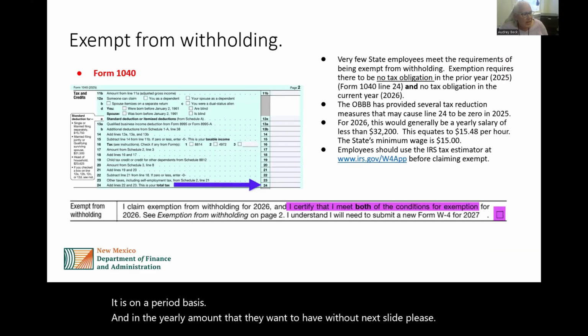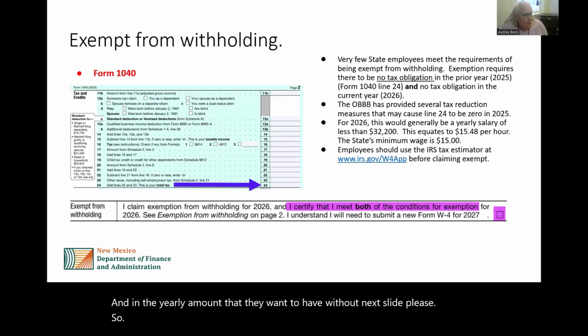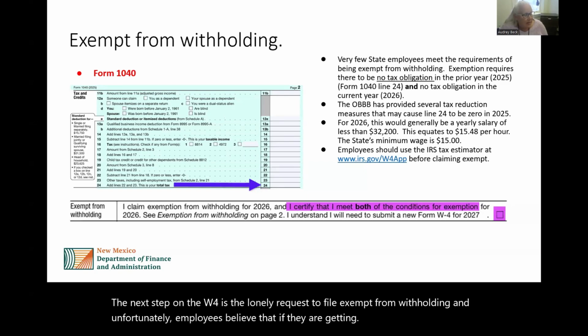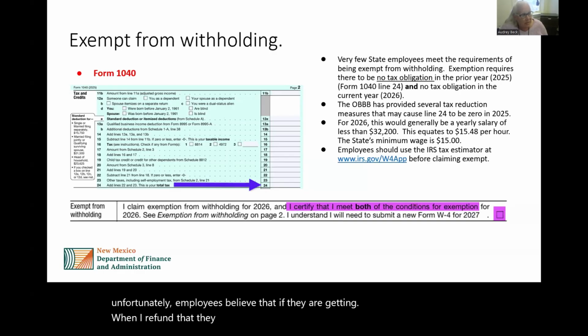So the next step on the W-4 is the lovely request to file exempt from withholding. And unfortunately, employees believe that if they are getting a refund, they can claim exempt on withholding. And that is not the case.